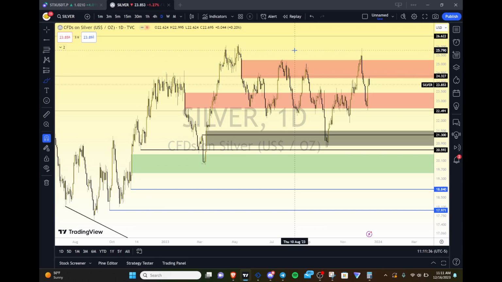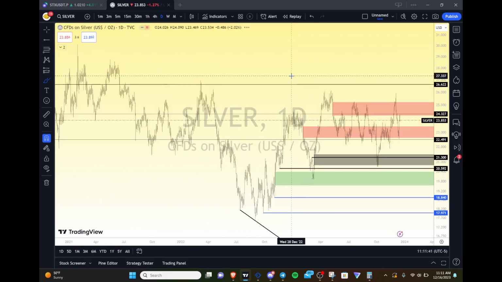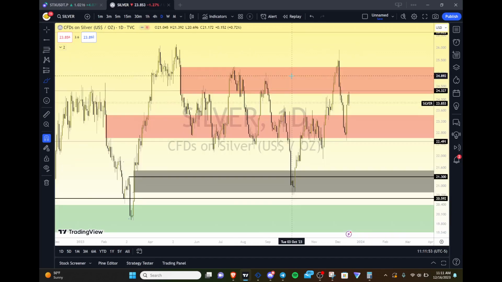I mean, all your phones, laptops, everything, silver is just ingrained into all of it. So there's a lot of incentive for the price to remain low, so your tech products don't have to go up so much in price. So any upside gold gets, silver will be fairly stunted in comparison.